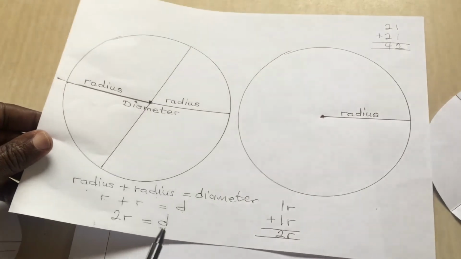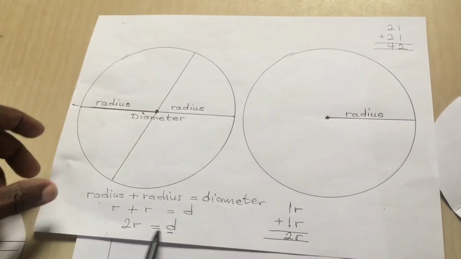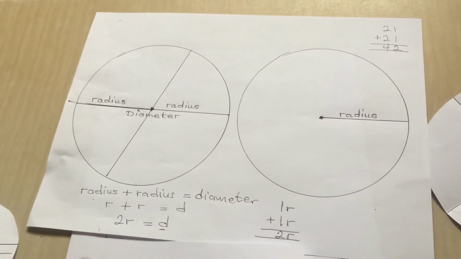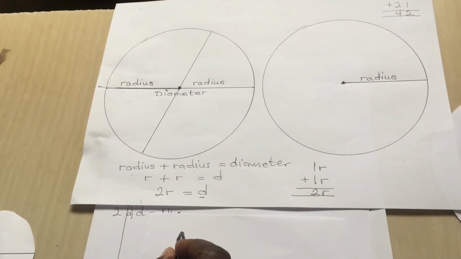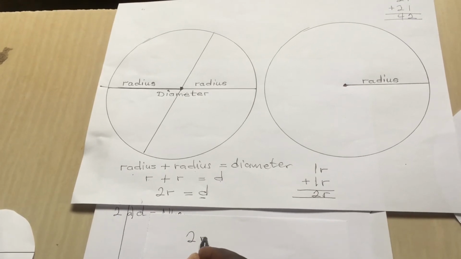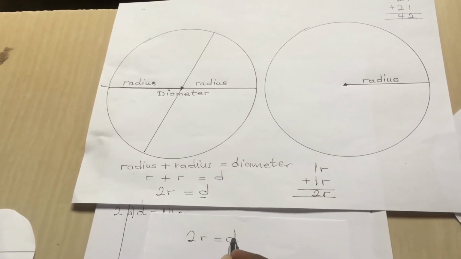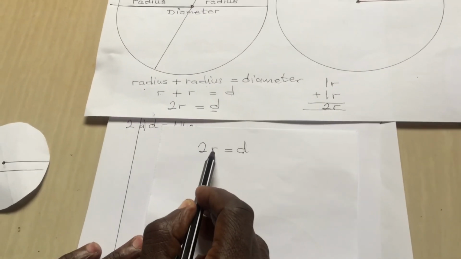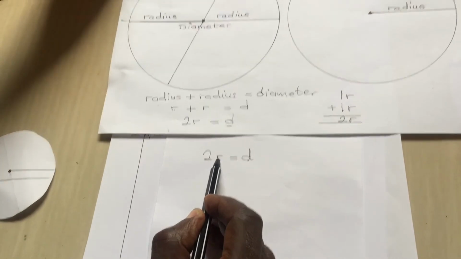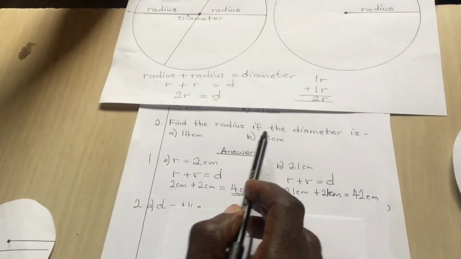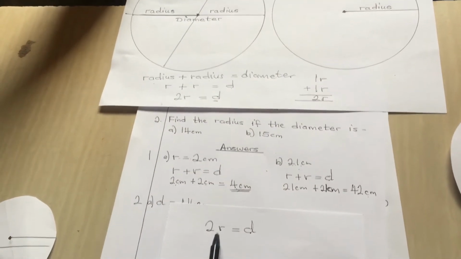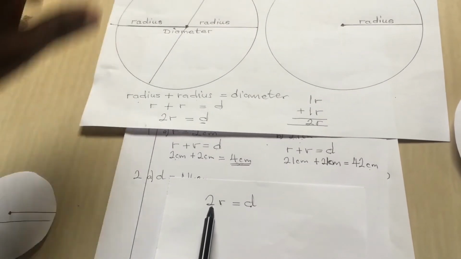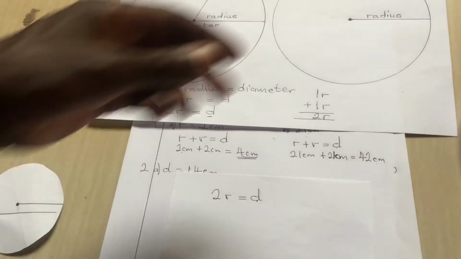Now from here, something that we have to develop, where we've said 2 radii is equal to diameter, but we want to get rid of this 2 so that we can only have radius, because in our question they're asking us to find the radius, the r, but we've got 2. So what we're going to do is we get rid of this 2.